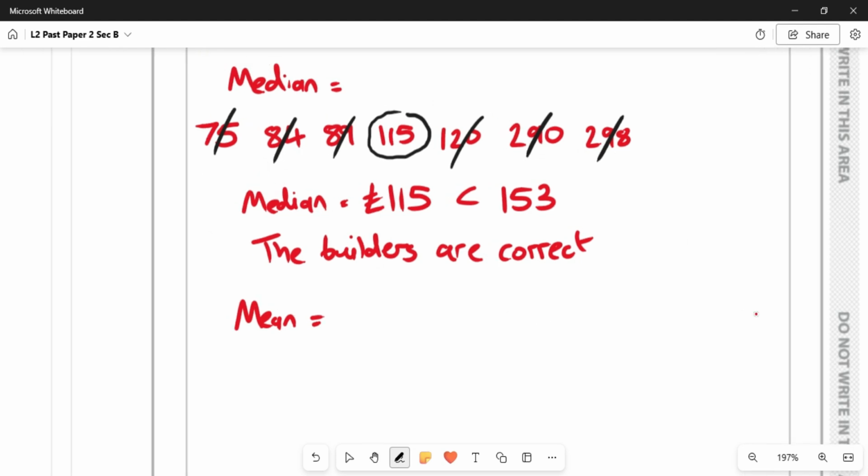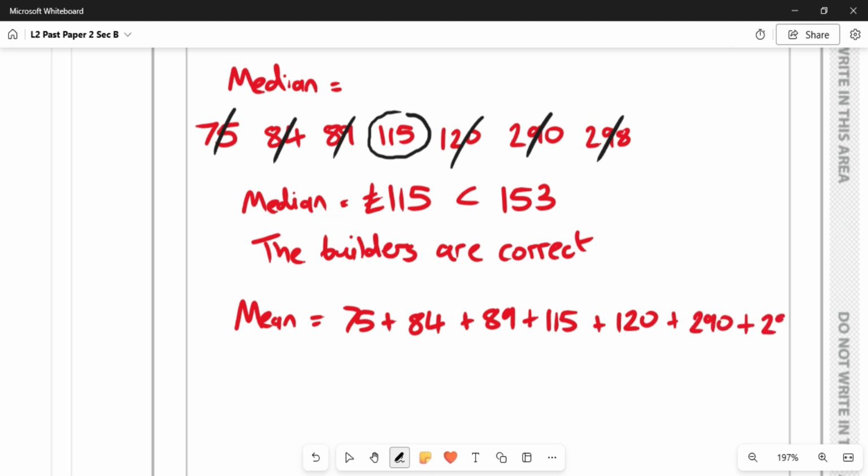Because it's on the calculator paper, you can just use your calculator. You still have to write all of this though, it's part of your working out. Let me just draw a straight line. How many have we got? 1, 2, 3, 4, 5, 6, 7 values.